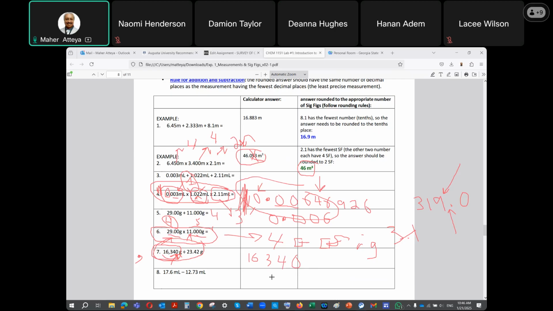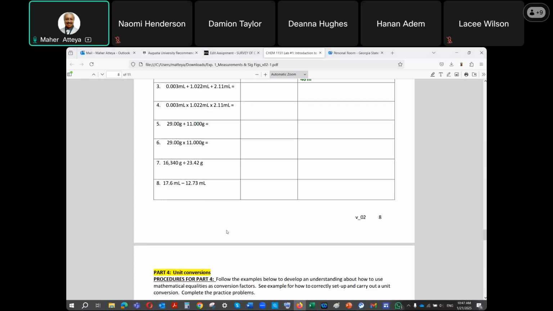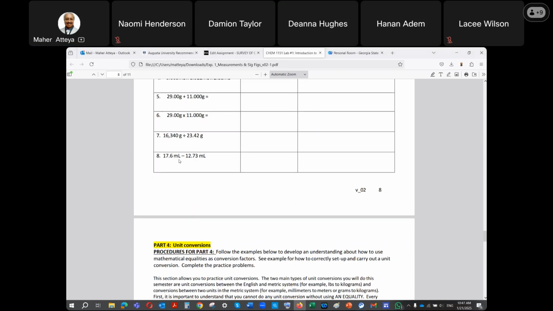Okay, guys. Now let's go for the subtraction and addition. They have the same rules. The last one here is subtraction. It's the same thing if you put in addition. So now the rule is different.